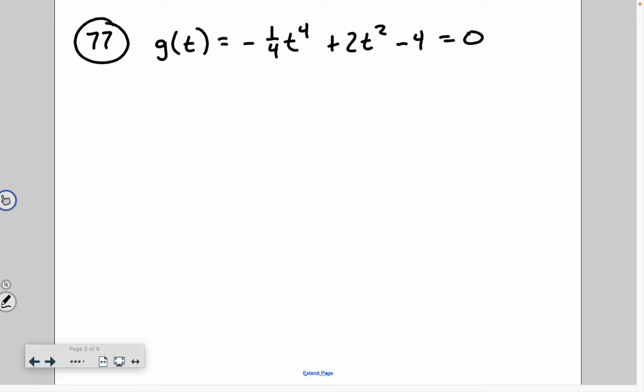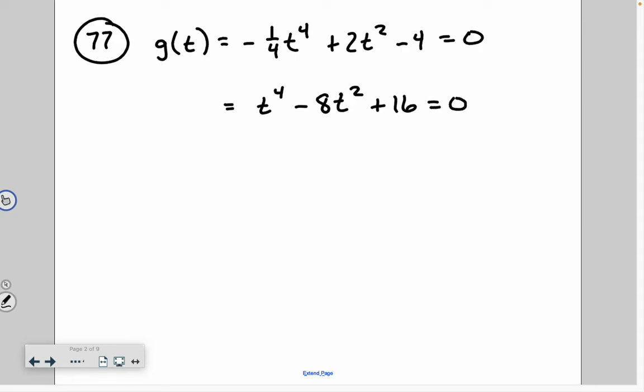What should we do? Multiply everything by -4, so that the first term's not negative either. So if we multiply everything by -4, we get t to the 4th minus 8t squared plus 16 equal to 0.